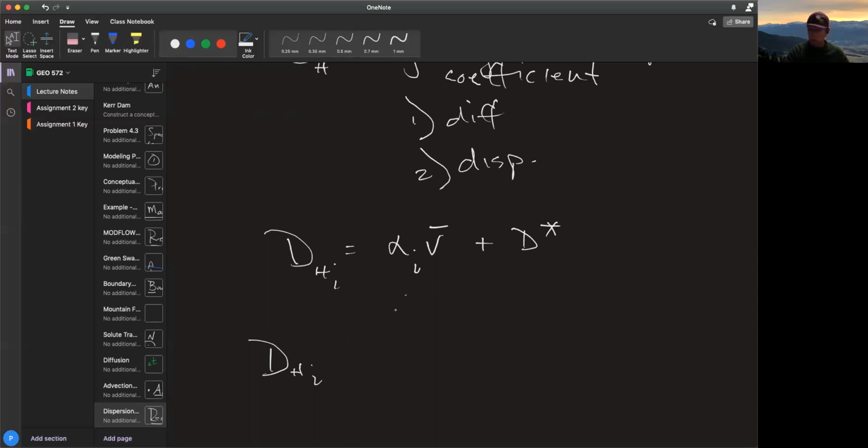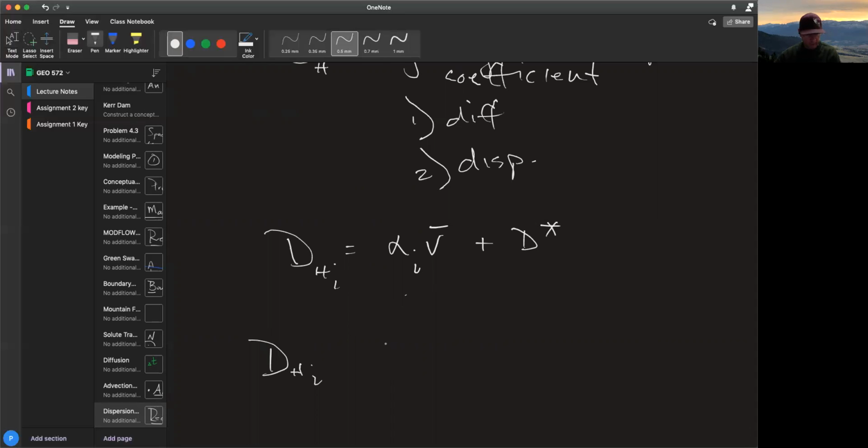So the hydrodynamic dispersion coefficient incorporates dispersion and diffusion. Let's think about some properties of it.